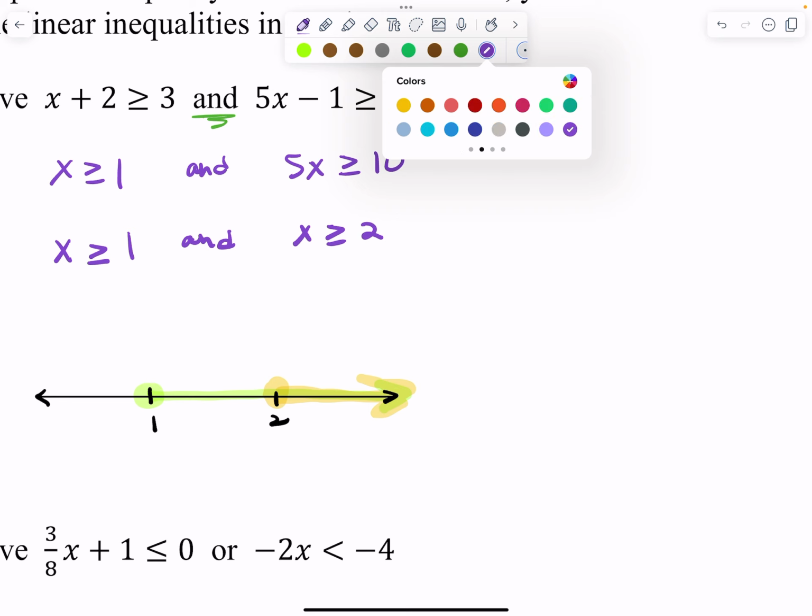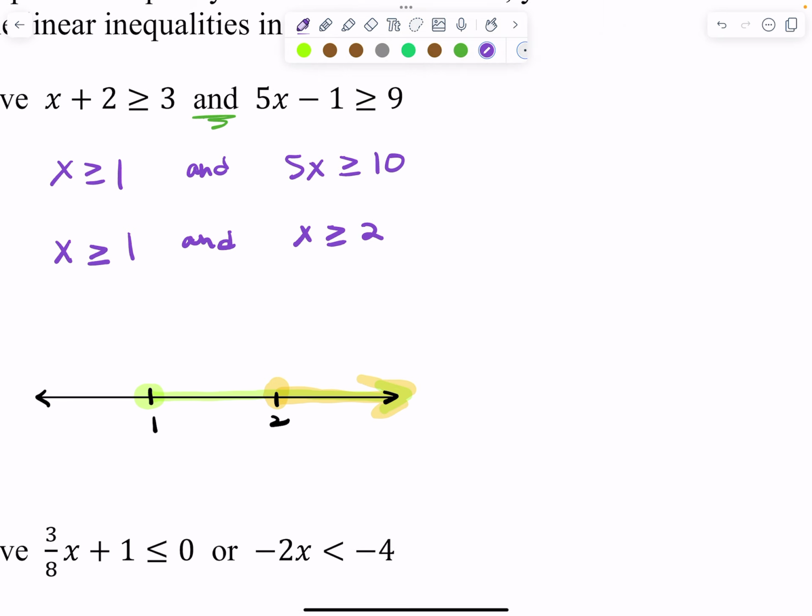This is kind of one of those trick questions that I threw at you on the previous page. The overlap is only for x greater than or equal to 2. So interesting. I probably accidentally typed in the direction of the inequality wrong, but that's okay. We'll go with it.